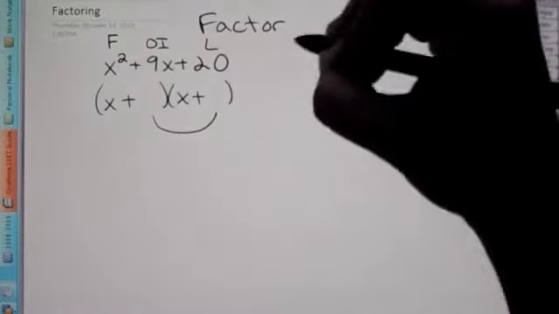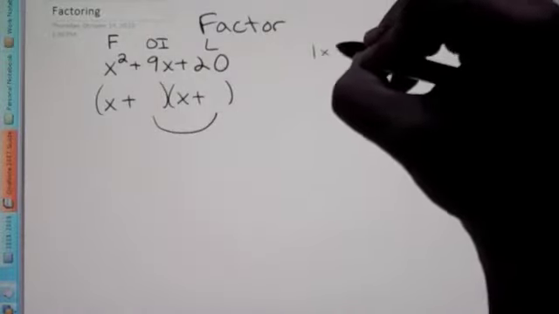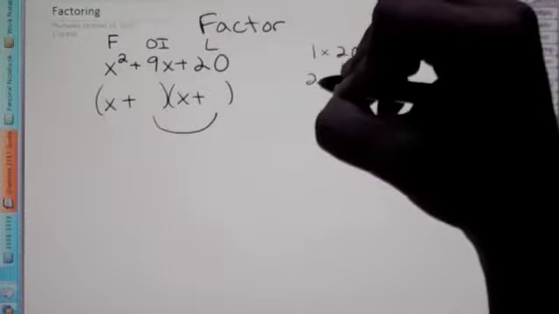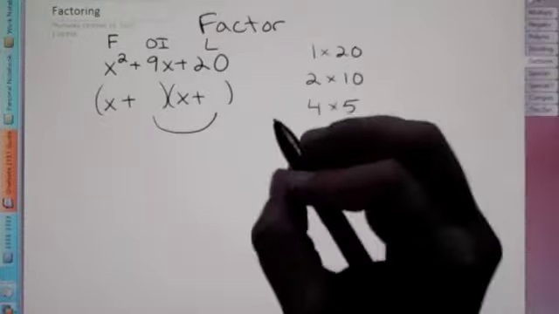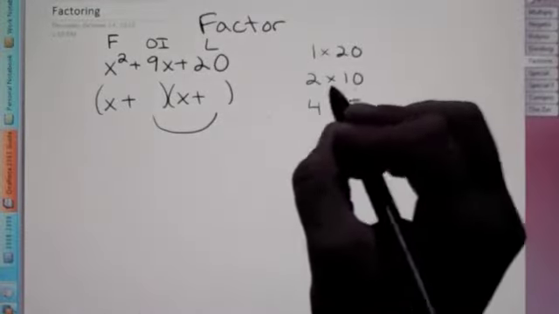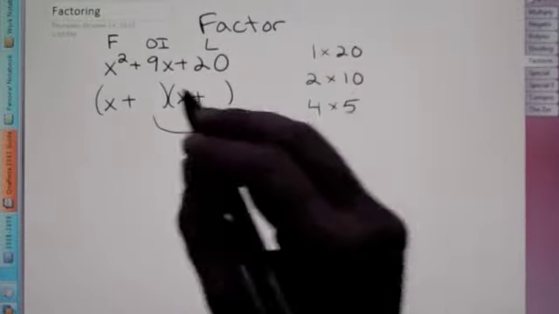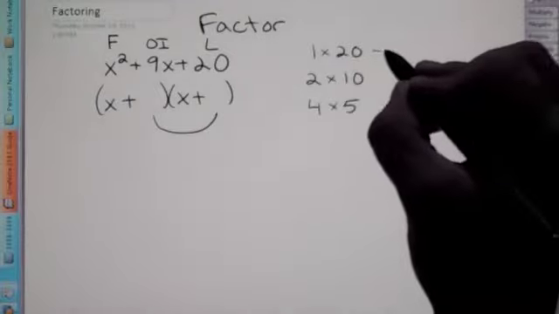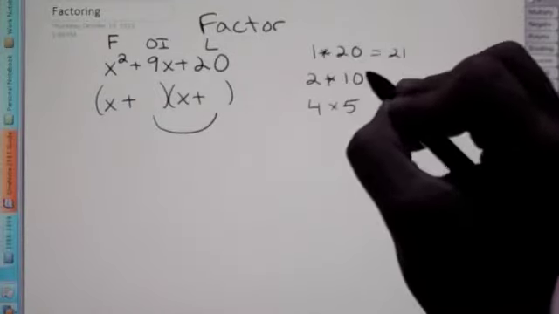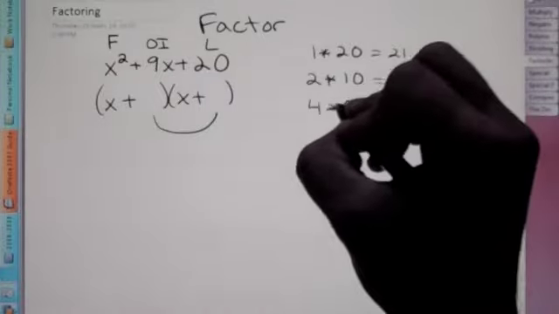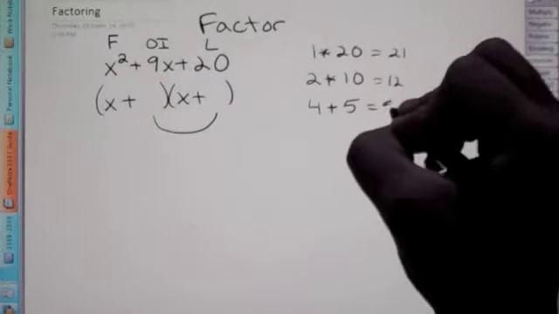Now, what we have to think about is what two terms multiply to equal 20 but add up to 9. If we list the factors of 20, we have 1 times 20, 2 times 10, 4 times 5. So we have to find a pair that multiply to equal 20 but add up to 9. This adds up to 21. This adds up to 12. And this adds up to 9.